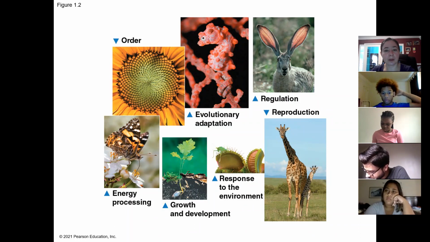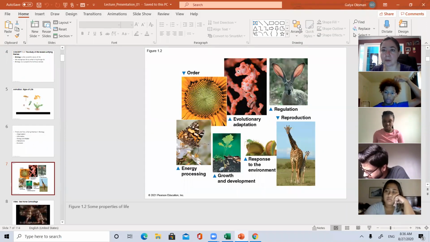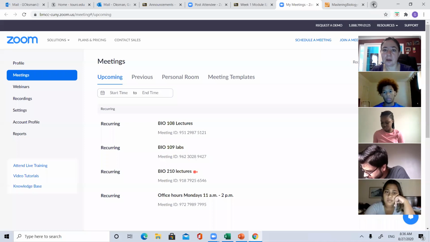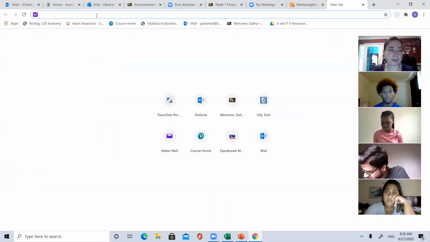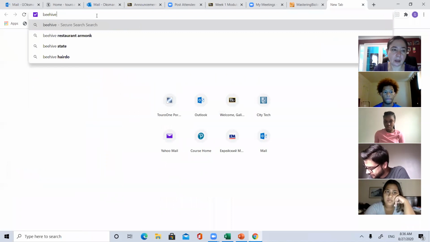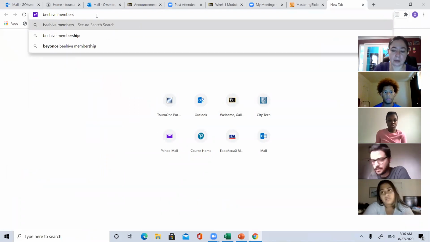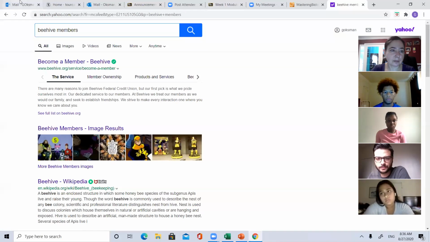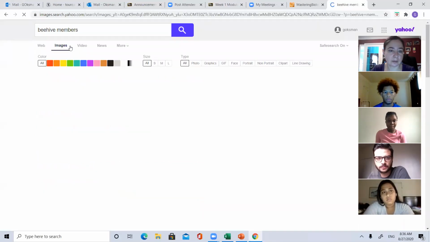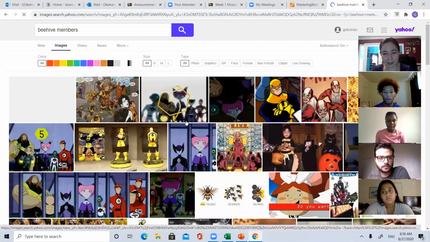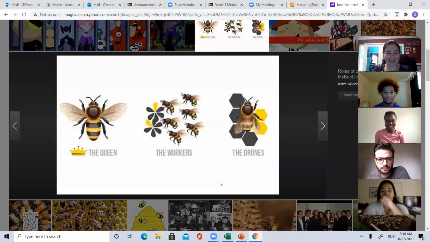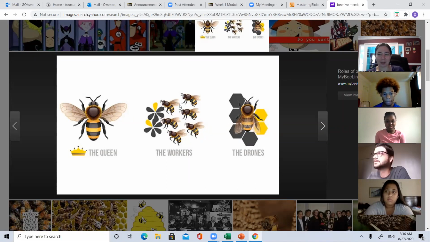Let me just show you a beehive. Can you see it? It's applicable to many others that live in groups and interact within the groups.